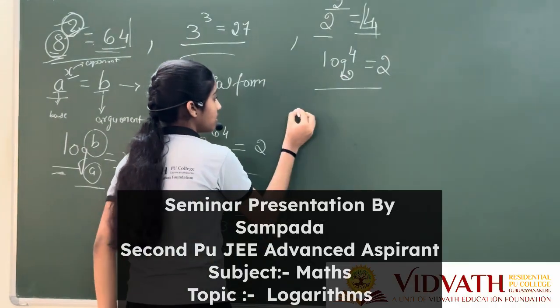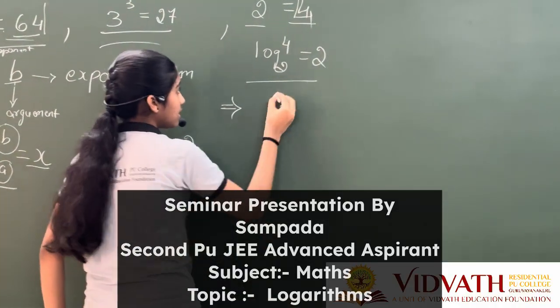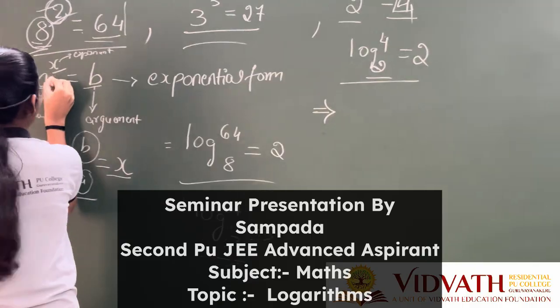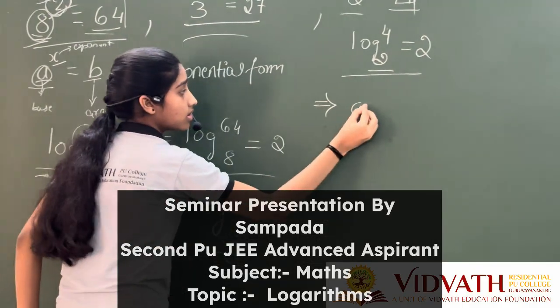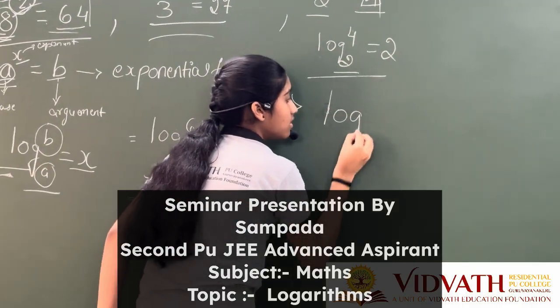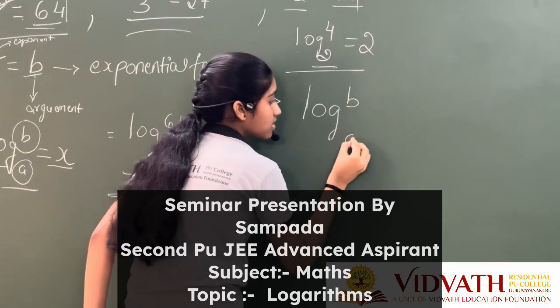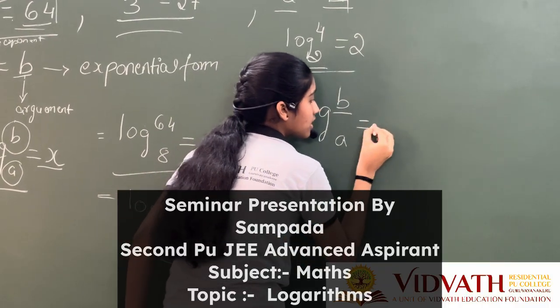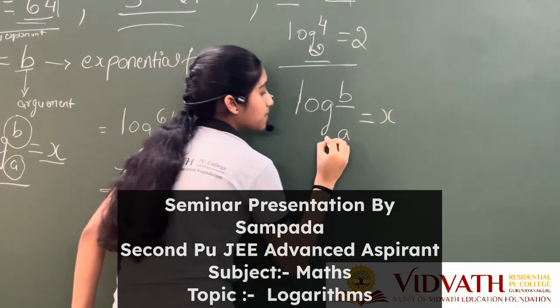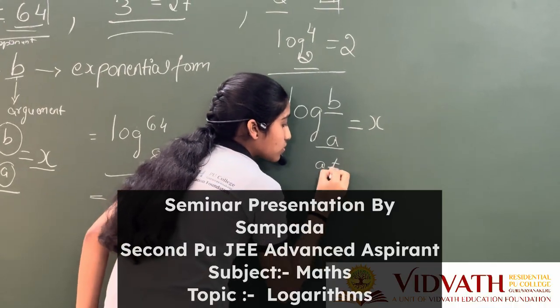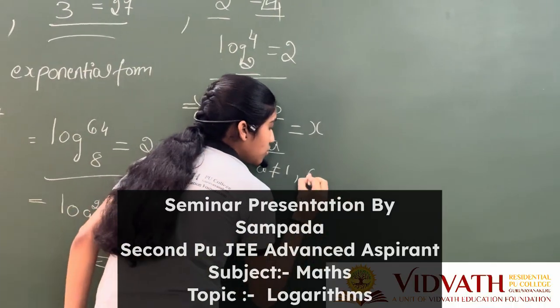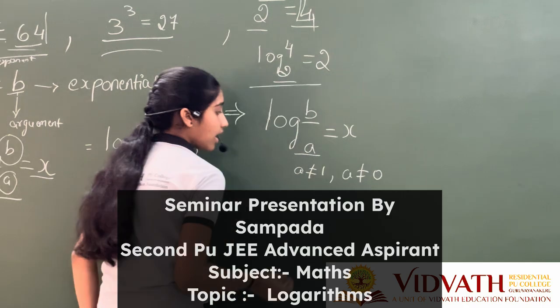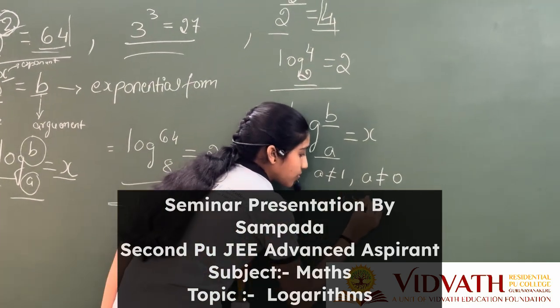Then this base a, I will write first: log b to the base a is equal to x. This base a should not equal 1, should not equal 0, and it has to be positive.